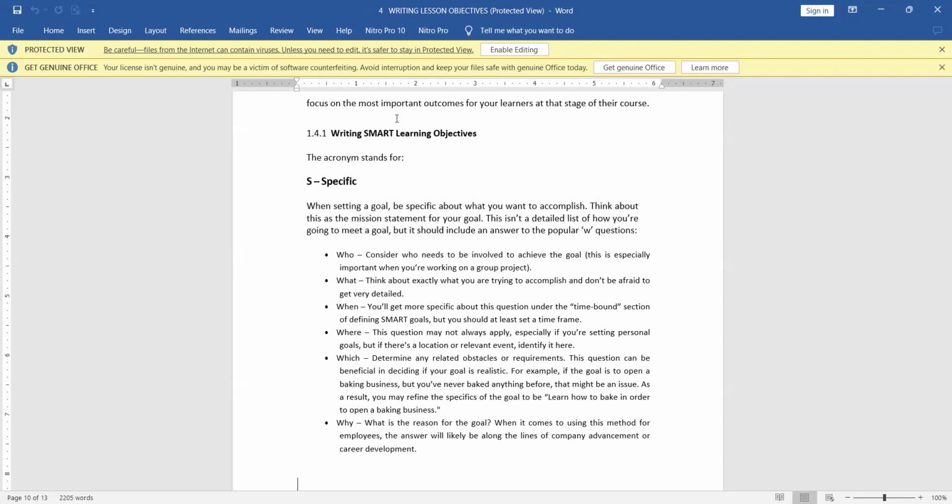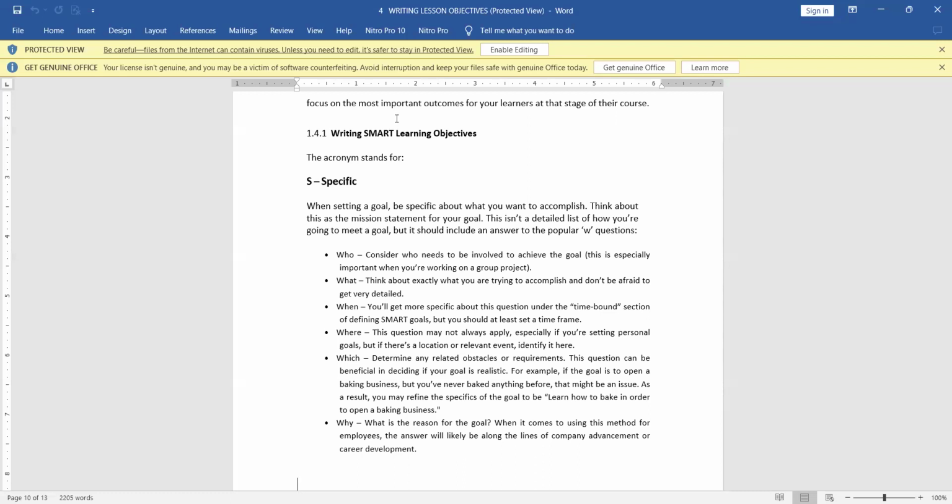For example, you want to be a graduate. So specific: I want to be a graduate of, if you're into Bachelor of Education. Measurable, right? So you can say, I want to actually be a first class graduate, a second class upper, like that.